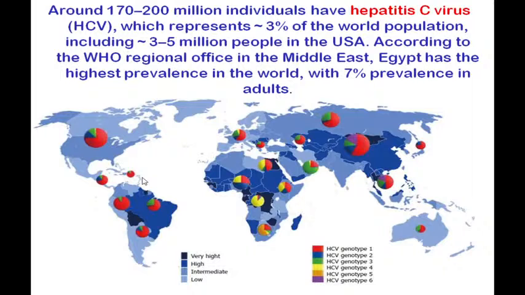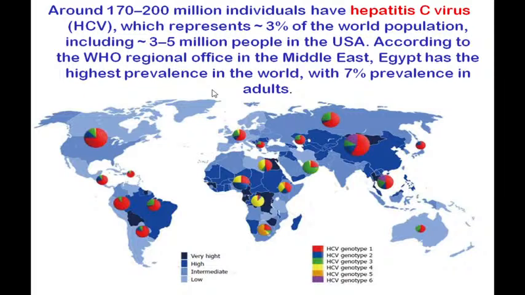Around 200 million individuals are infected worldwide with the hepatitis C virus, and this represents 3% of the world population. Out of them, 3 to 5 million are in the United States. According to the WHO regional office in the Middle East, Egypt has the highest prevalence in the world, with around 7% prevalence in adults.